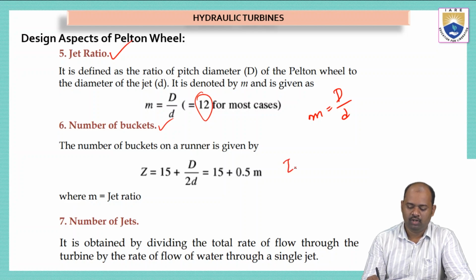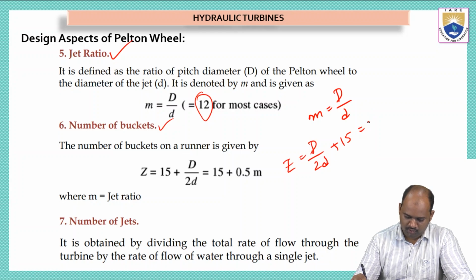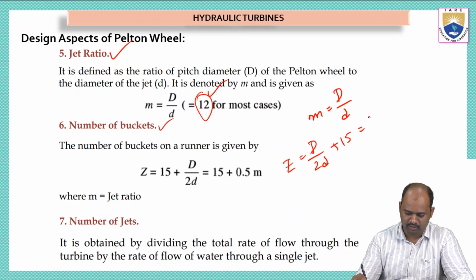Z is equal to capital D by 2 times small d plus 15. This can be modified, and this ratio can almost be taken as, just now we have seen here, 12, capital D by small d. Here 15 is taken, simply written again, because we should have 15 as the minimum number of buckets.